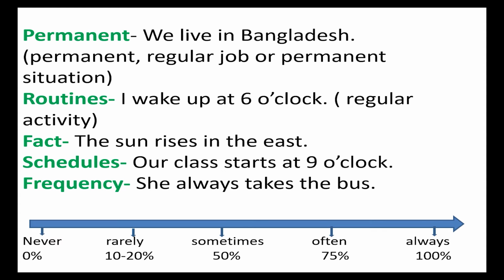So when we say always, that means 100% of the time we do the work. Or if we see never, that means it never happens at all, or I do not work at all. We can use rarely, sometimes, often. So these words we always use in present simple tense.